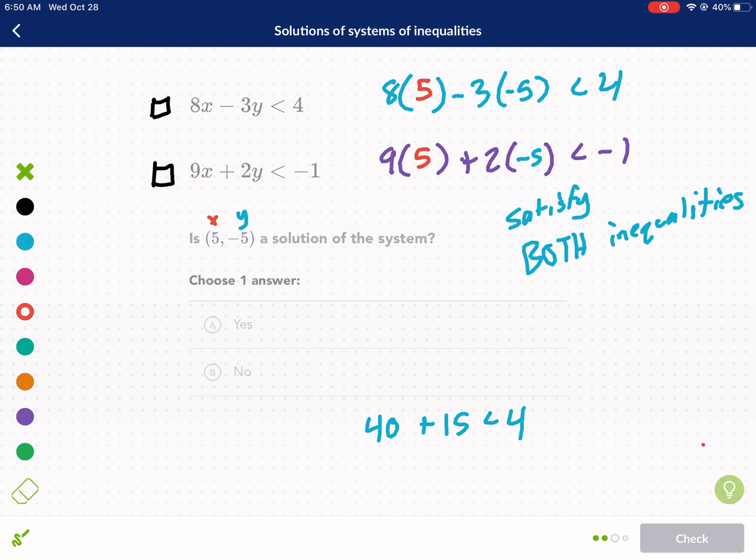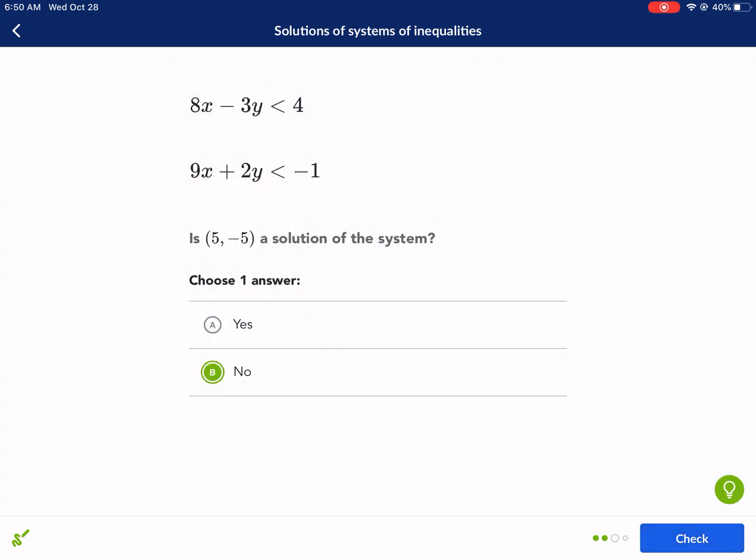That is false. So guess what? We don't even need to do this next one because we already know that one of them is false. If one is false, then it's not a solution. So we got one is false. We don't even have to evaluate the purple one. So we're going to go ahead and mark no.